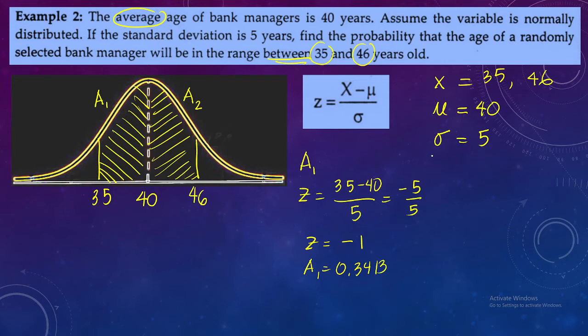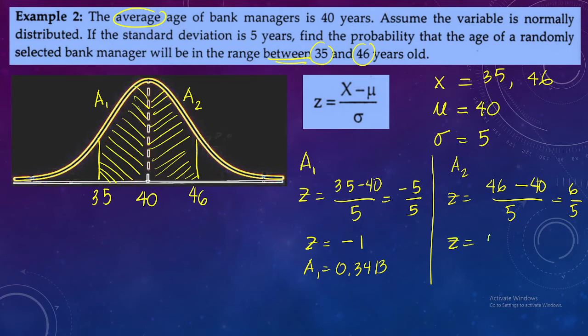So going to area number 2, which is the right side. So the Z now is 46. As you can see, this is the Z because I'm focusing on area 2. Minus 40 divided by 5, which will give me 6 over 5. 6 divided by 5 will give us 1.2.